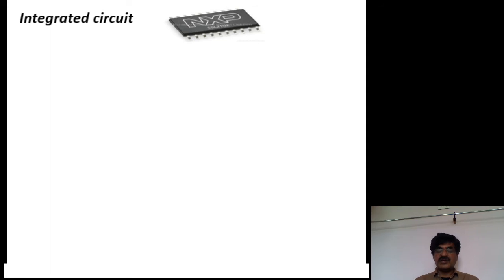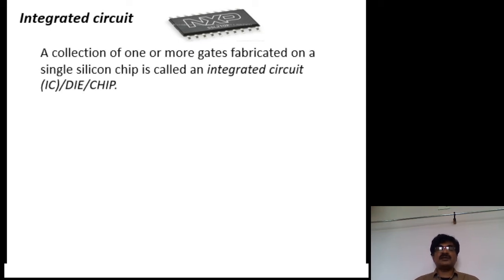Now let us see the definition of integrated circuits with reference to logic gates. The definition is: a collection of one or more gates fabricated on a single silicon chip is called an integrated circuit.